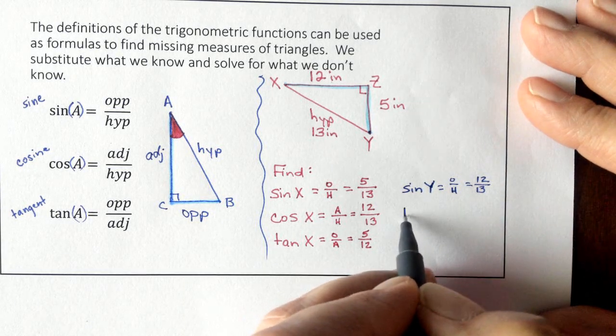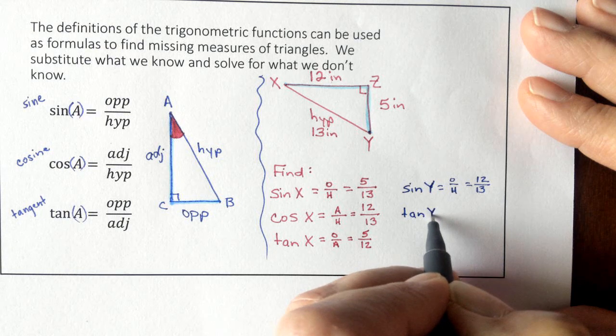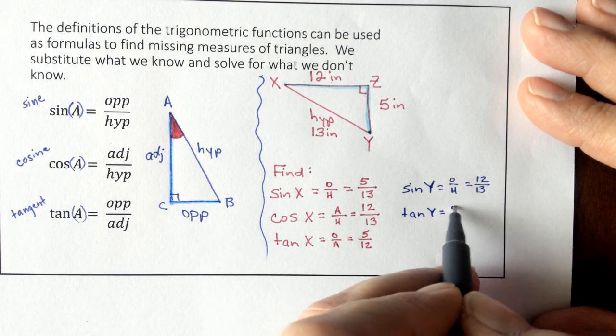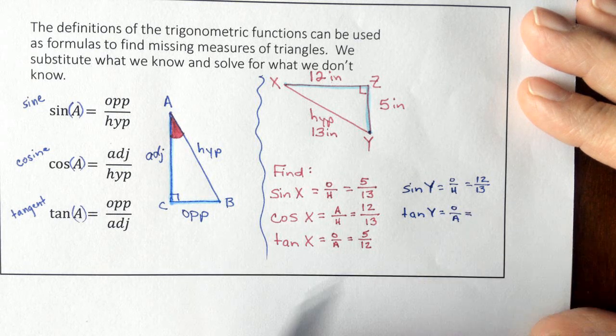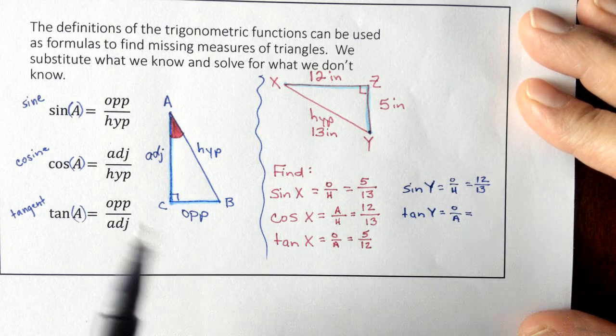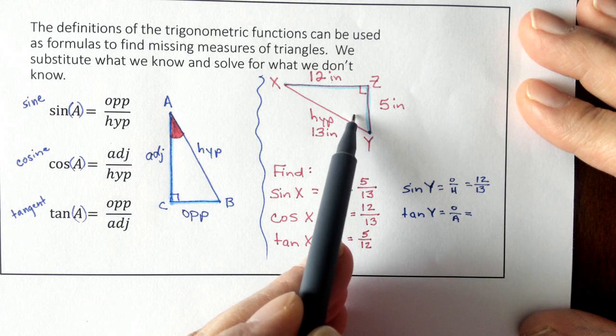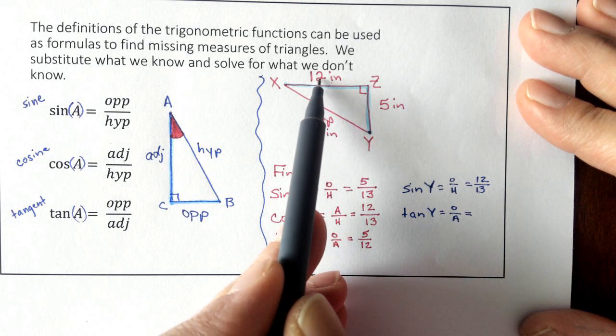Alright, let's skip to the tangent of Y. Tangent is opposite over adjacent. Y is here. Opposite is go across the middle of the triangle to the opposite side, that's 12.